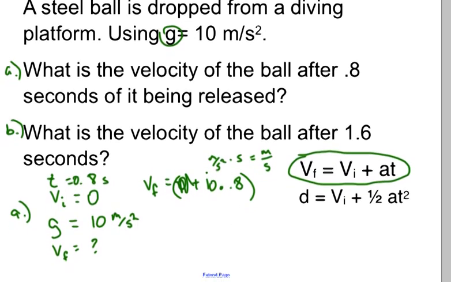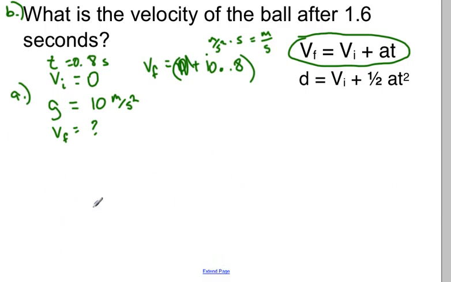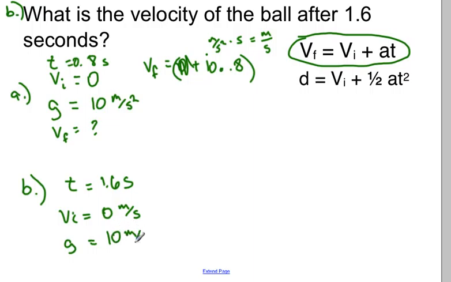Okay, let's do B. B is going to be exactly the same, except our time is 1.6 seconds. Our VI, the ball's just dropping, is 0 meters per second. Our acceleration due to gravity is 10 meters per second squared. Our VF is what we're solving for. We don't know what it is, but hopefully it's going to be in meters per second.